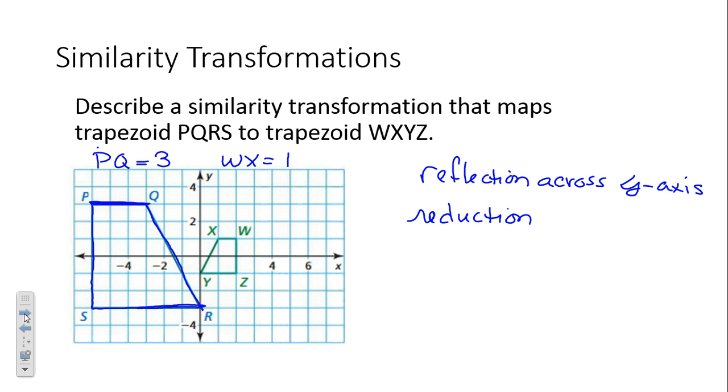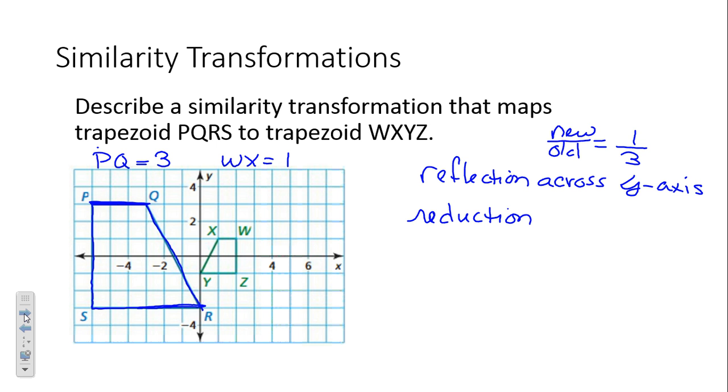The way to remember how to do this is to always write your new length over your old length. So new over old. Our new length was 1. Our old length was 3. So what's our scale factor here? What's K? 1/3. Okay.